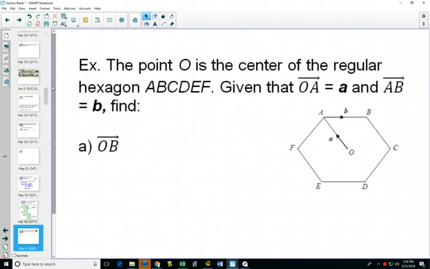Point O is at the center of a regular hexagon. Given that OA is A and AB is B, find OB. Are you okay with going A plus B?